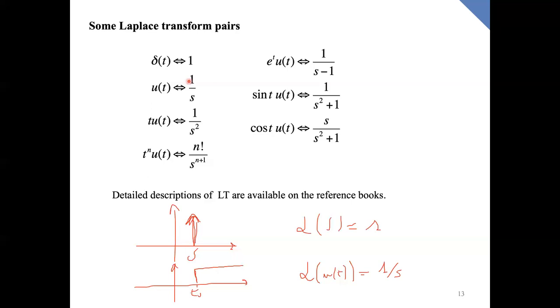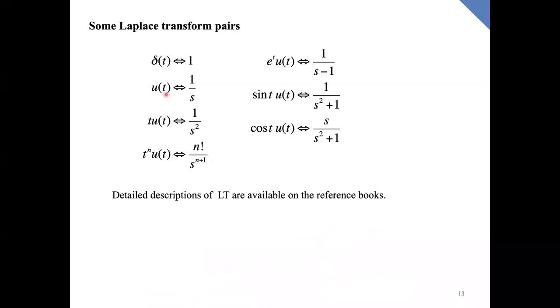But you have also other functions. For example, if you have the step function multiplied by t, this will be 1 over s squared. And you can compute many different expressions.